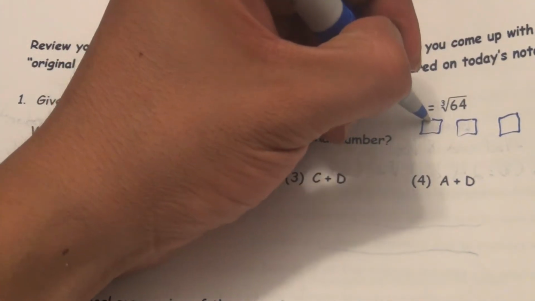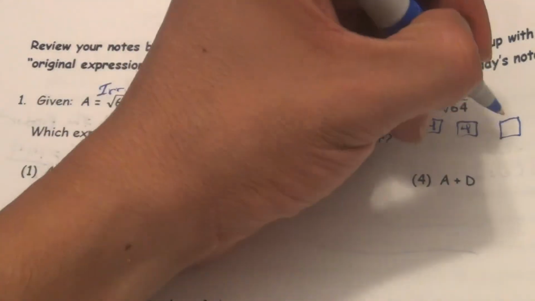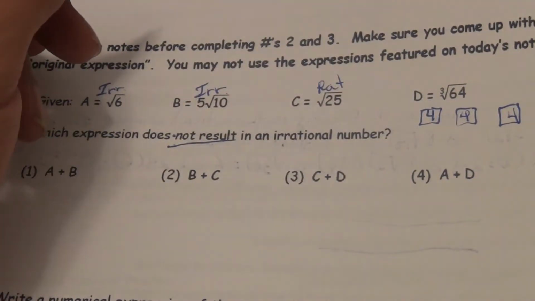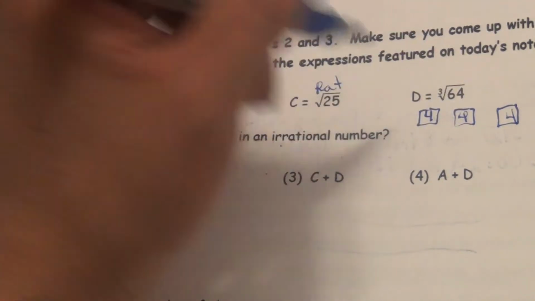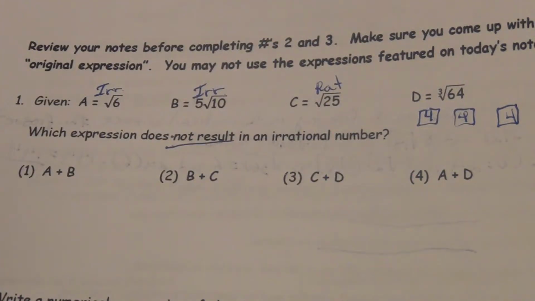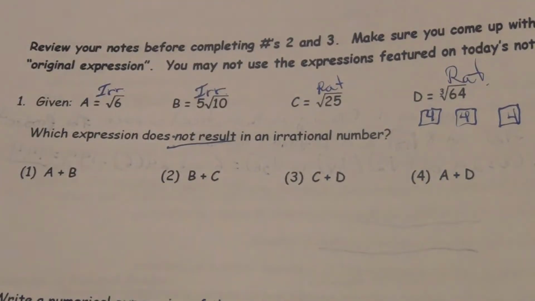Look, 4 times 4 times 4 will give you 64. So therefore, the cubic root of 64 is 4. It's like if I say the cubic root of 8, it would be 2 because 2 times 2 times 2 is 8. Get it? All right then, so this is rational. That's anyway what we were looking for.